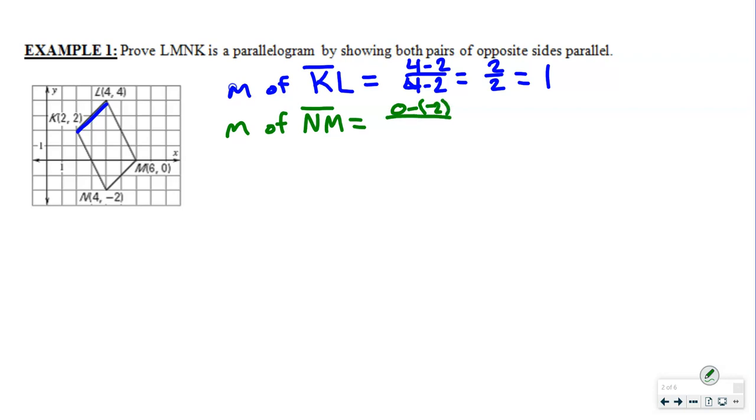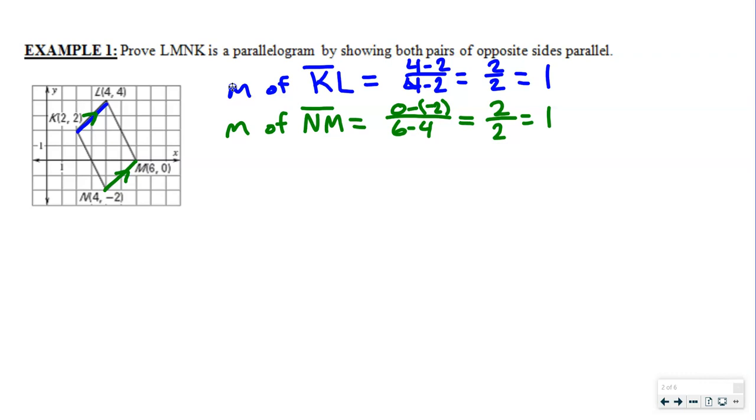Don't forget the double negative there will turn into a positive, and then 6 minus 4. So that becomes 0 plus 2 on top. So we get 2, and 6 minus 4 is 2. So we get 1. So the slopes of our first set of opposite sides are both 1. So they are parallel.